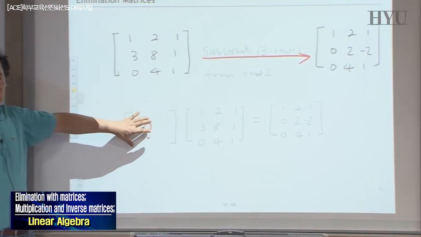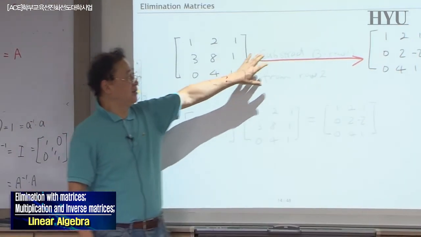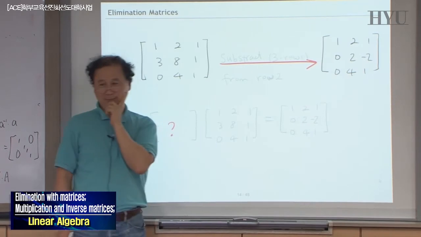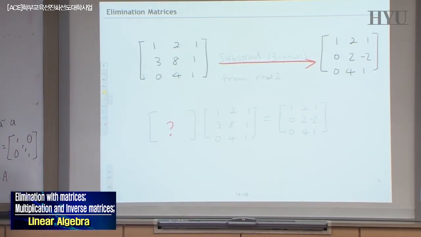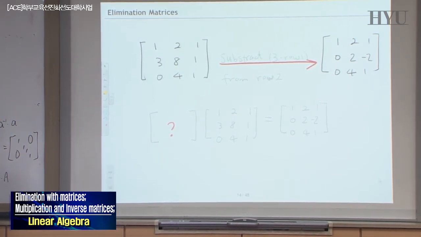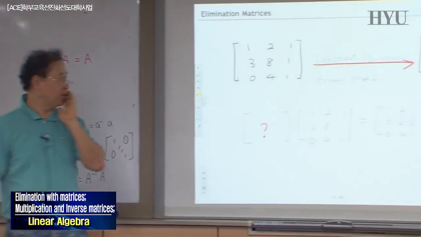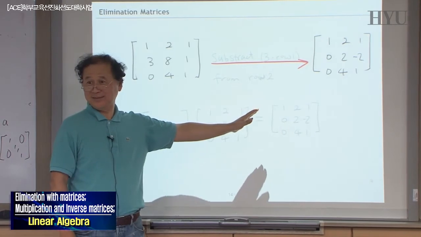These matrices somehow represent this operation. Somehow that operation, right? When you say 1, 1, 1, diagonal I matrix, same, right?